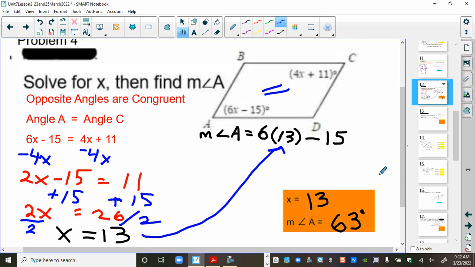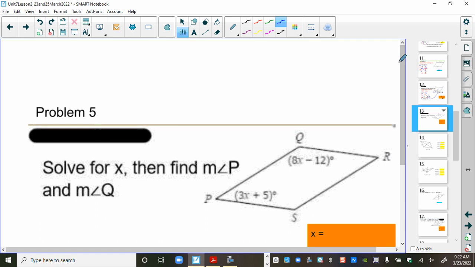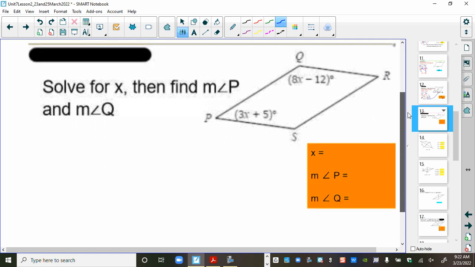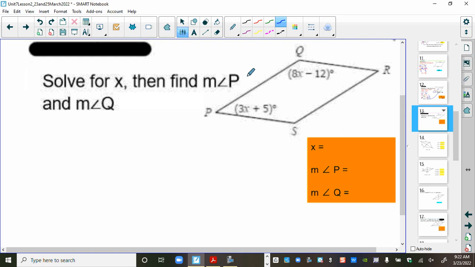All right, next one I want to talk about is the following. These two types of angles. Well, first off, are P and Q opposite angles or they're consecutive angles? Consecutive.